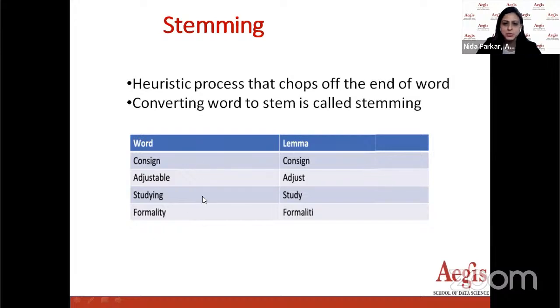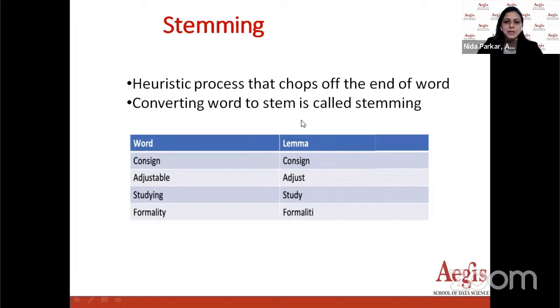When you perform stemming on these words, it is going to give consign, adjust, study, and formaliti. Here the word formality is getting transformed to formaliti with an i. Now, the English dictionary does not recognize this word.